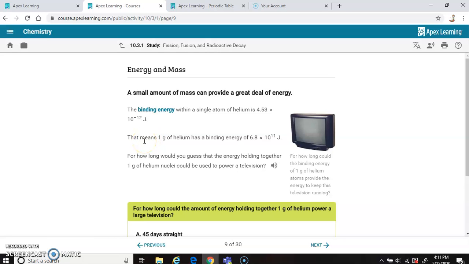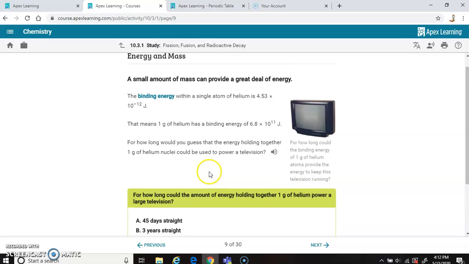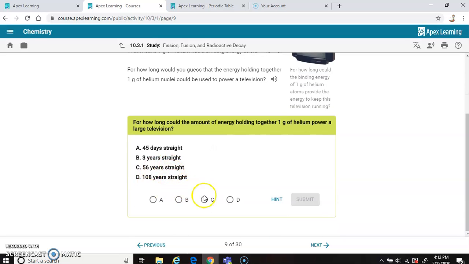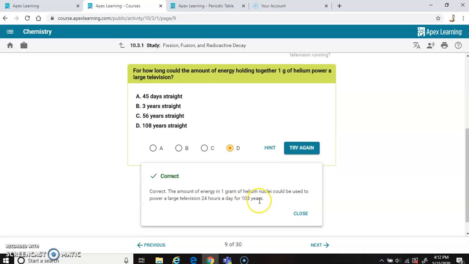That means that 1 gram of helium, if you convert the grams and the molar mass, is an energy of 6.8 times 10 to the 11 joules. Now, how long would you guess that 1 little gram of helium would power a television? It actually, weirdly, is going to power it for 108 years straight. There's a lot of energy in these nuclei. Kind of crazy.